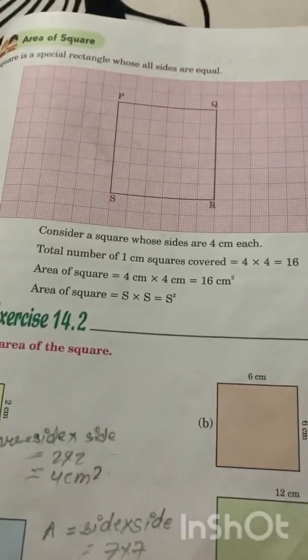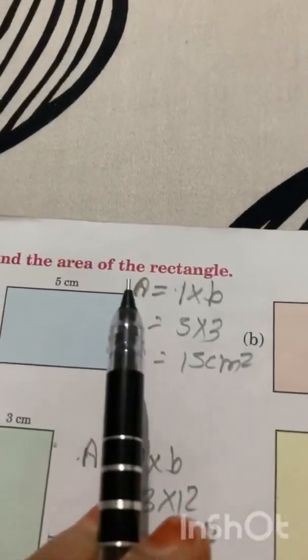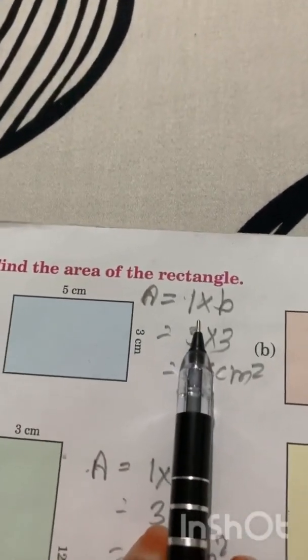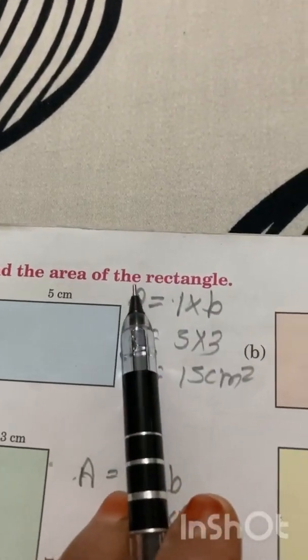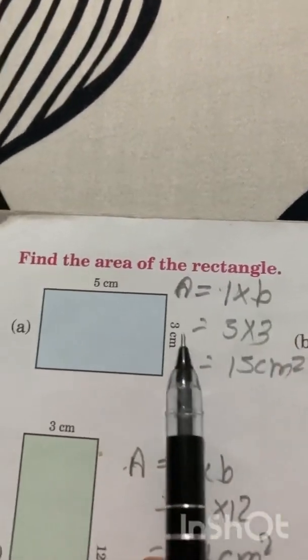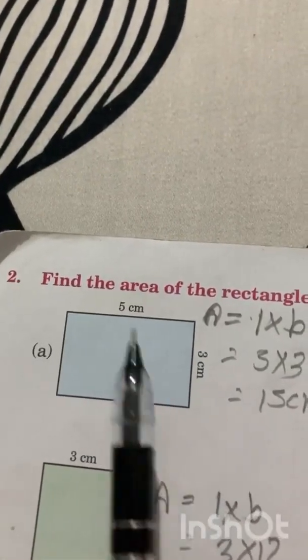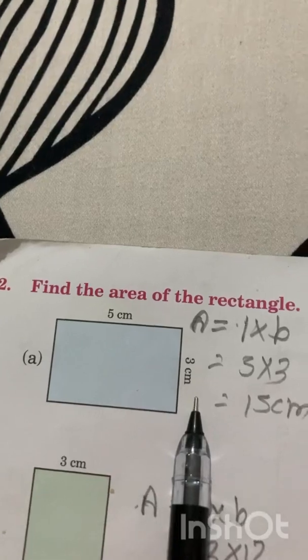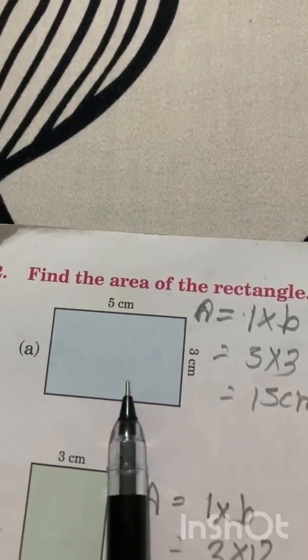Now come to the next question. Turn your page. This is question number 2. Find the area of the rectangle. As I explained, what is the formula of area of rectangle? This is length into breadth. This is length and this is breadth. So 5 into 3 is equal to 15 centimeter square is our answer.